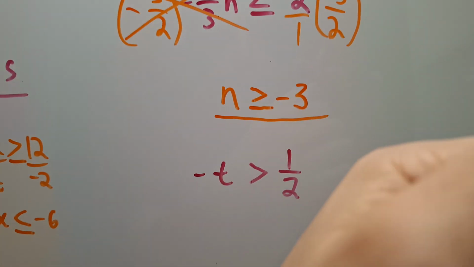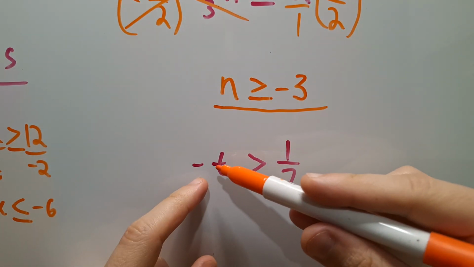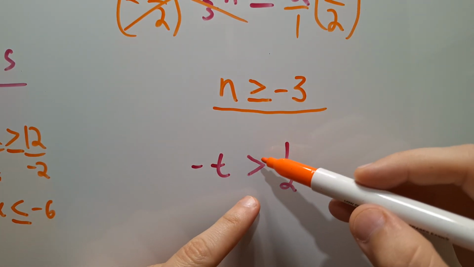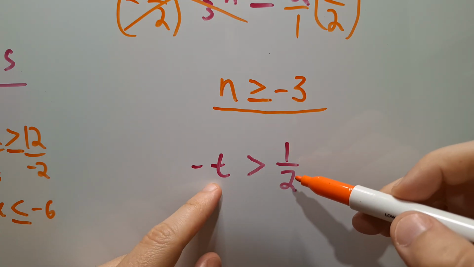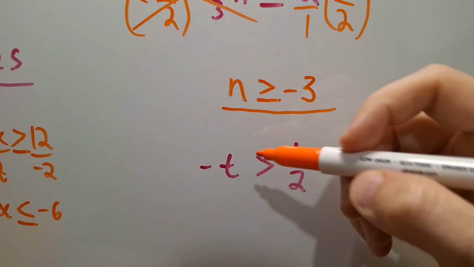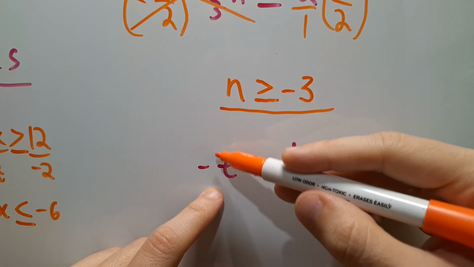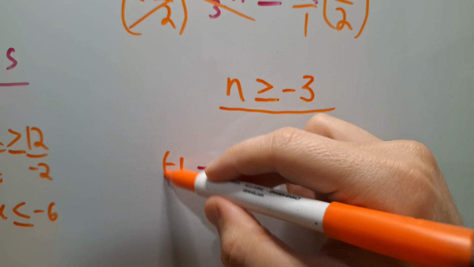Let's look at the one directly beneath it, because this one's kind of interesting. Here I have negative t is greater than 1/2. I don't want a negative coefficient for the solution set, I want a positive one. So there is an understood 1 here, multiplied by negative 1.